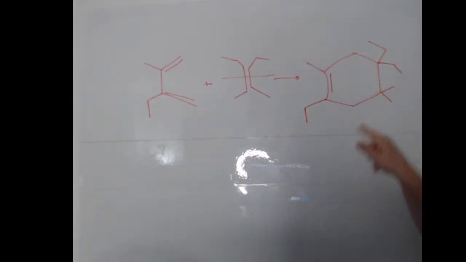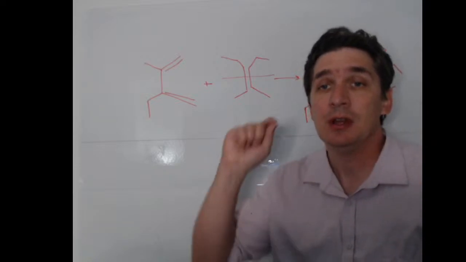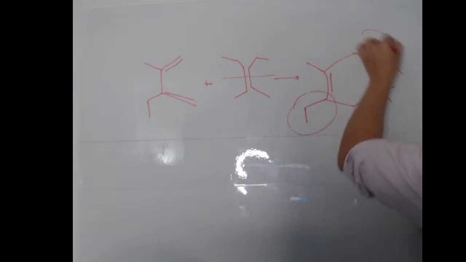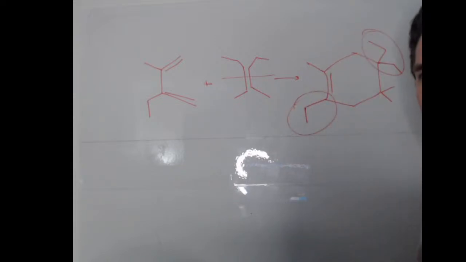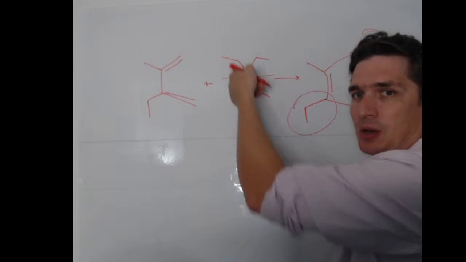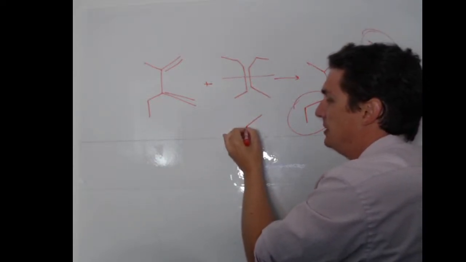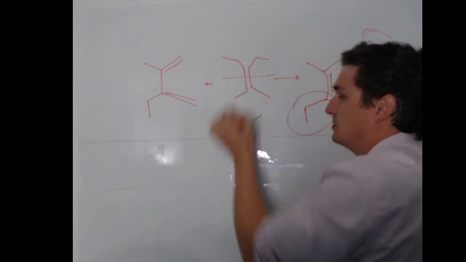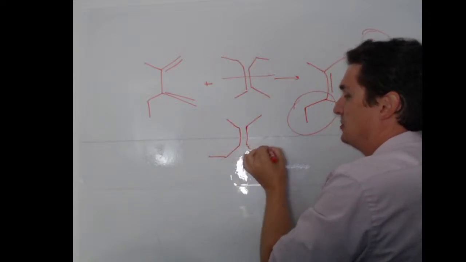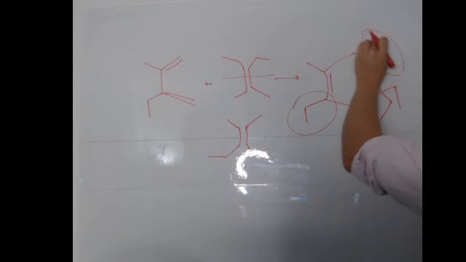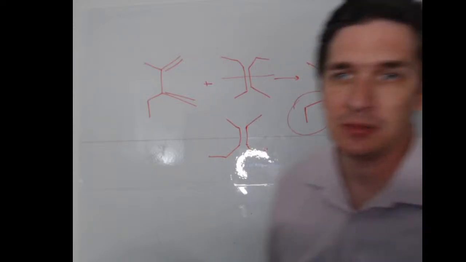Okay, that's not chiral and that's not chiral, and that statement is true. But in this case, the ethyl groups are on opposite carbons, on opposite sides of the ring. I arbitrarily drew this with the two ethyl groups down. I could have easily drawn it with the two ethyl groups up, and that will switch where the ethyl groups are in the final product.